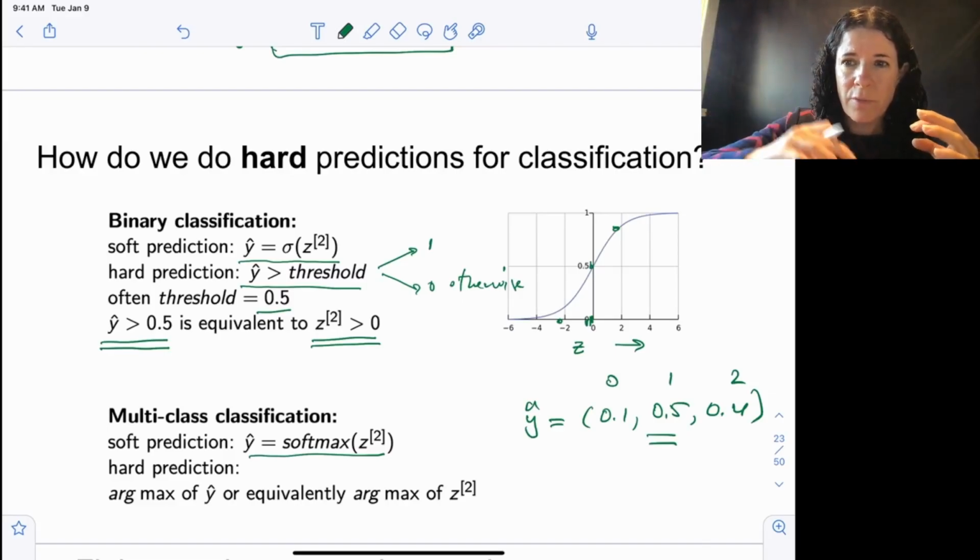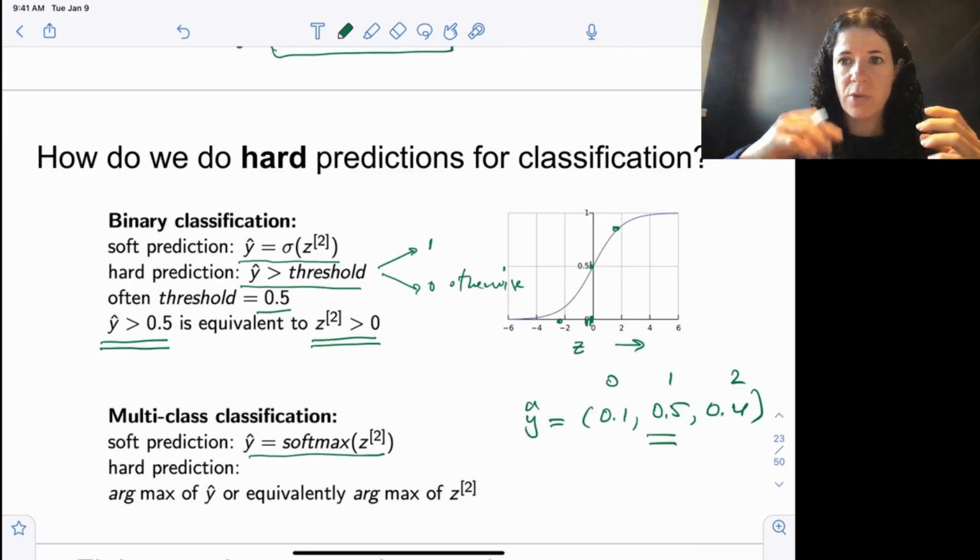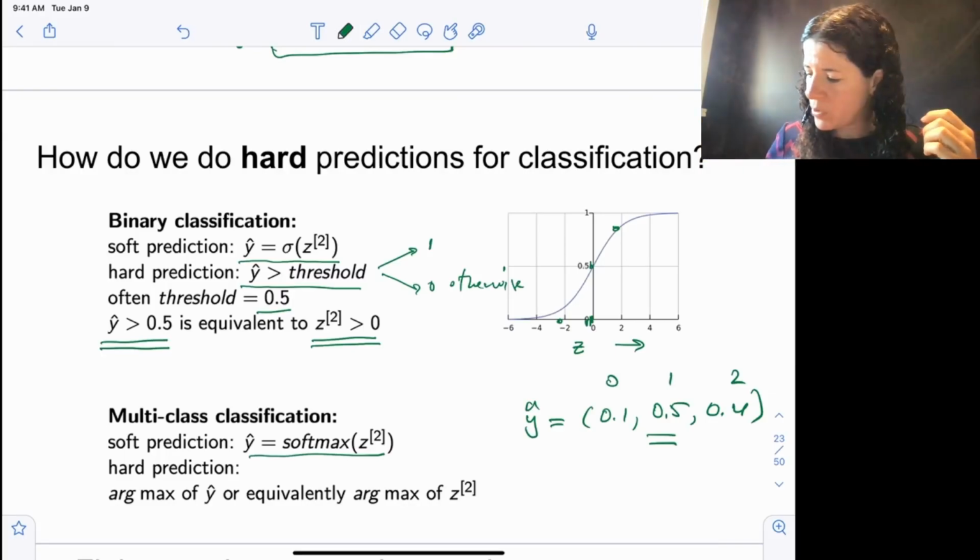So you don't have to convert to softmax to understand which one gives the highest probability. You can just take the argmax of Z2. Okay, cool.